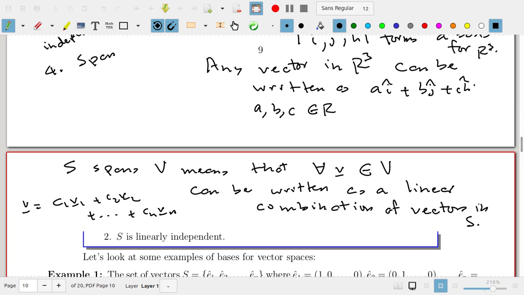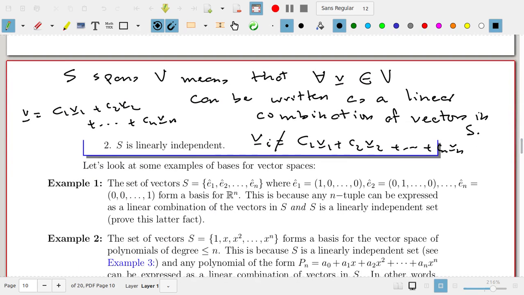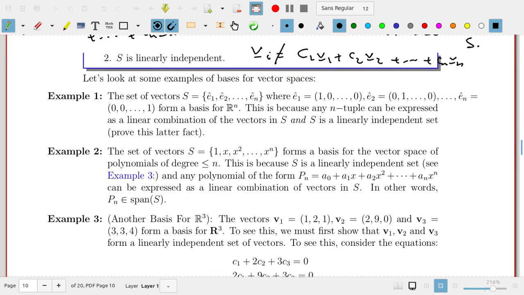And of course, the second condition for it to be a basis is that S is linearly independent, meaning none of the vi can be written as a linear combination of the other v's. You cannot do this. Okay, so if these two conditions are satisfied, then S forms a basis for V.